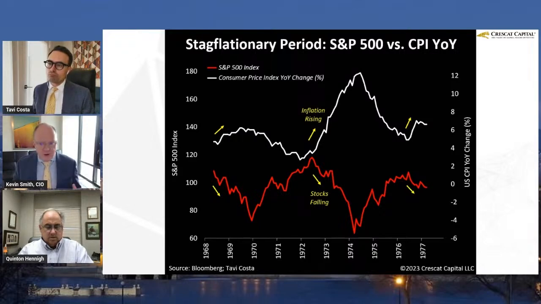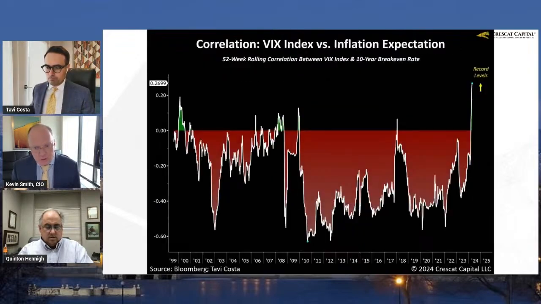So when you have record high multiples, which we have had across the S&P 500, and especially for mega cap tech stocks, and you have rising inflation and rising interest rates at the same time, it's a catalyst for shrinking multiples. And look at what happened in the 1970s, '73, '74 in particular, when you had significantly rising inflation, you had stocks falling. Let's go on to the next.